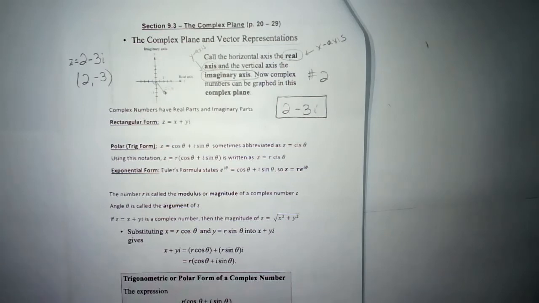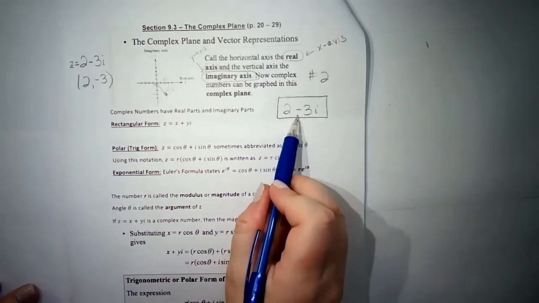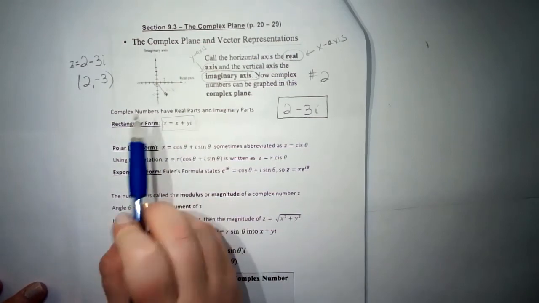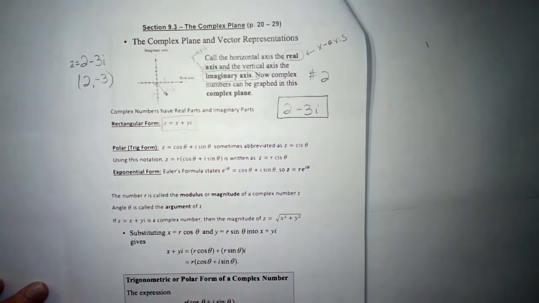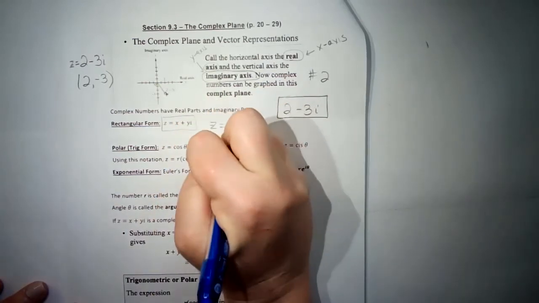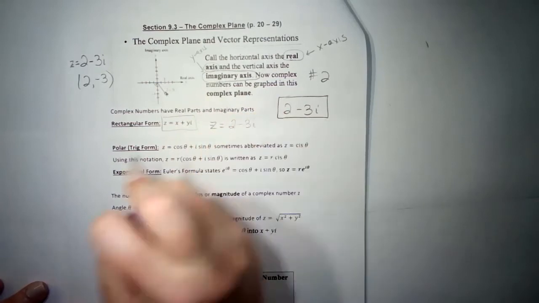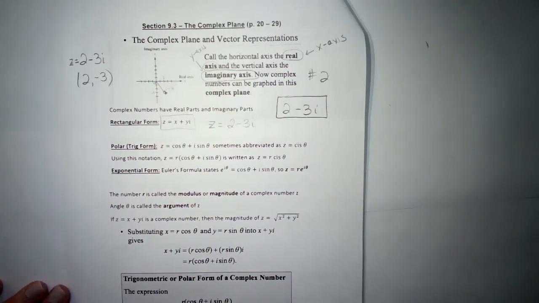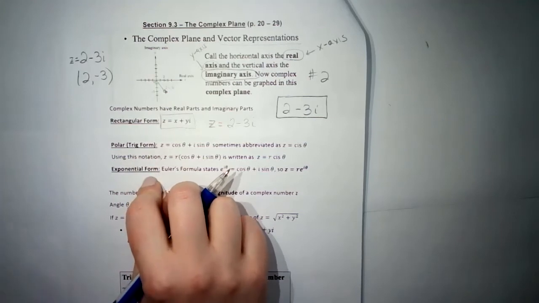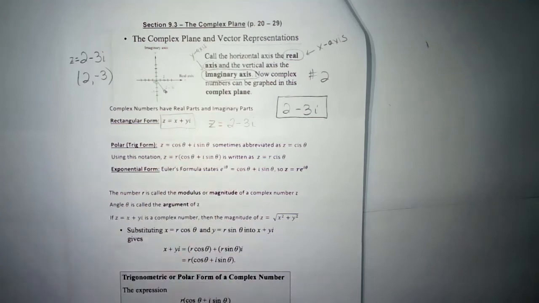So if they ask you to write a complex number in rectangular form, you're going to have z equals x plus yi. So this one we could write as 2 minus 3i. That would be its rectangular form. Now I can't give you examples for these 2 until we go on to do it, because it's too difficult to try to go back the other way, okay?